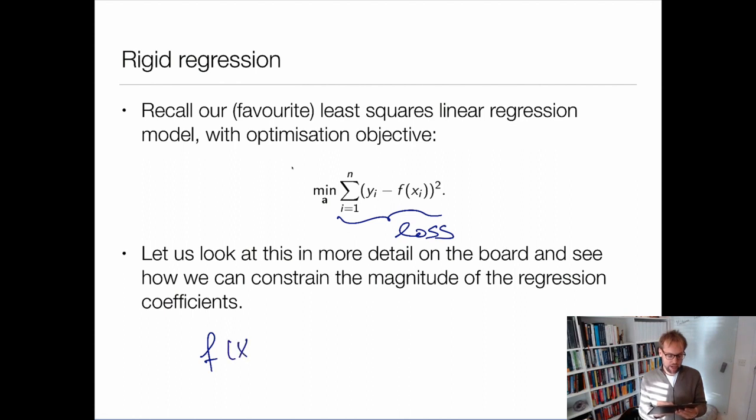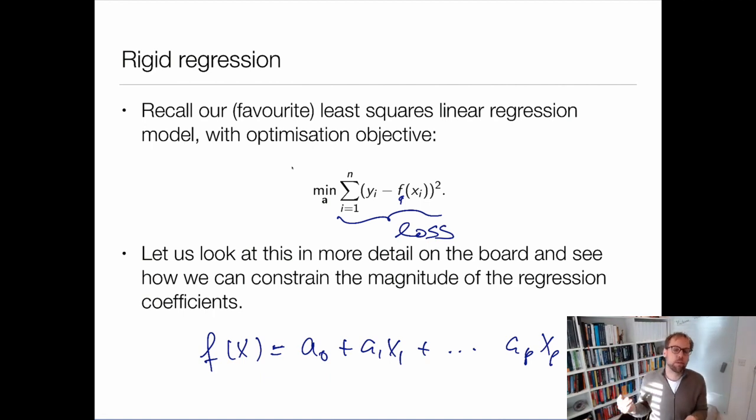So we have f of x, which is just a0 plus a1 x1 plus and so on up to ap xp. So the dependence on a is within f. Sometimes I might put a little subindex a as well to clarify it, but you know that the a dependence is through f. So this is the optimization problem I want to solve.